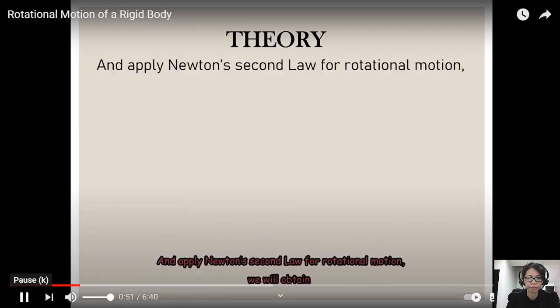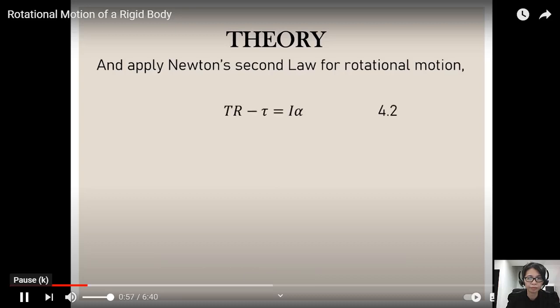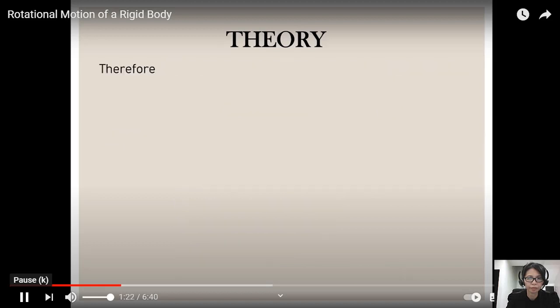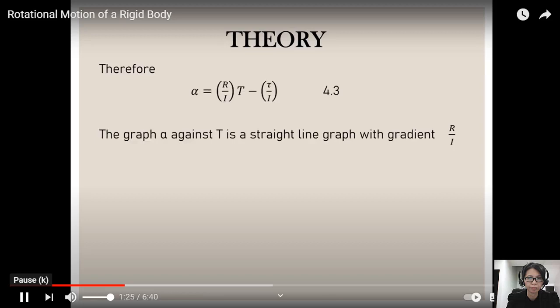And applying Newton's second law for rotational motion, we obtain TR minus tau equals I alpha, where a is the downward linear acceleration, tau is the frictional torque, alpha is the angular acceleration, T is the tension in the string, R is the radius of the axle, and I is the moment of inertia of the flywheel. Therefore, alpha equals RT over I minus tau over I.